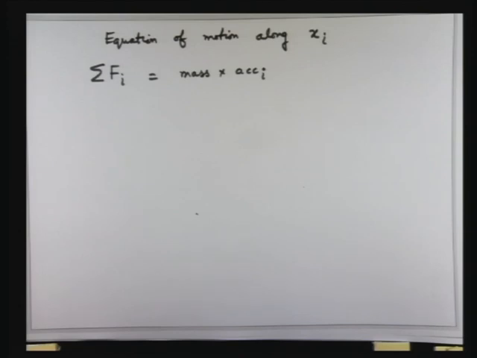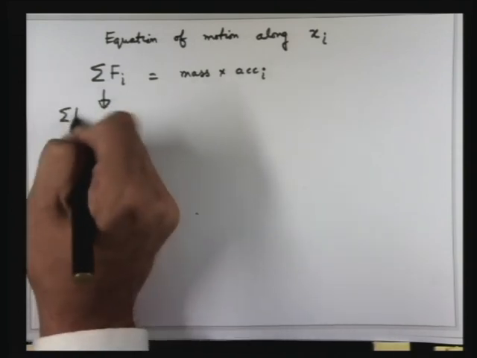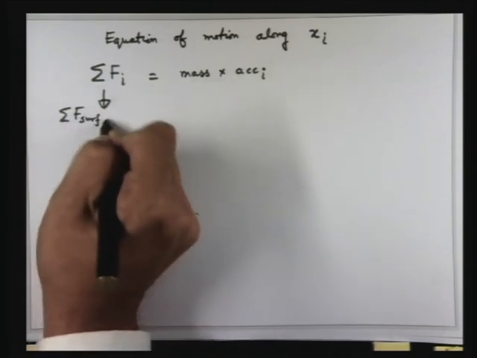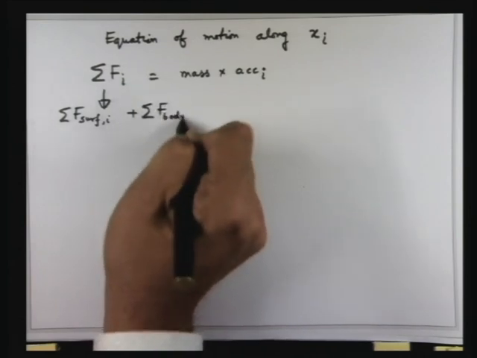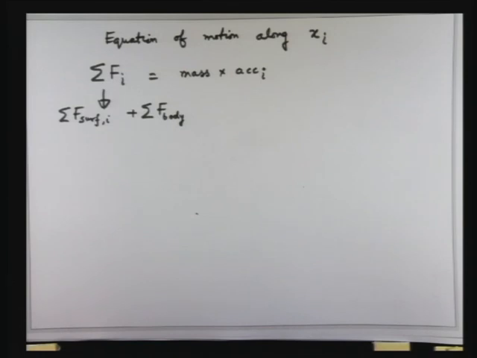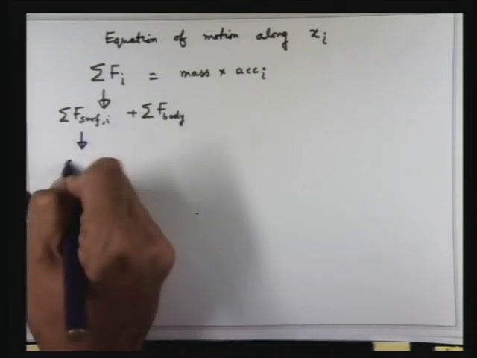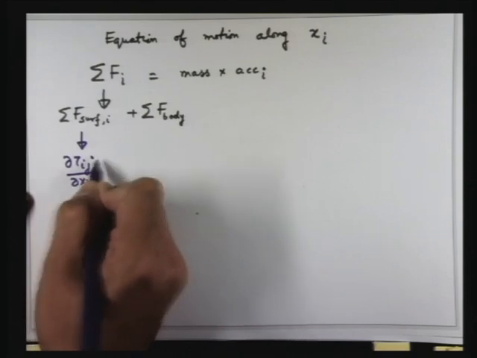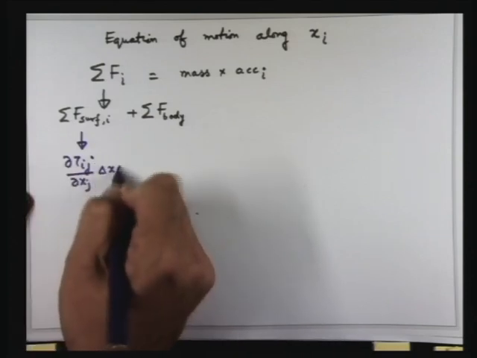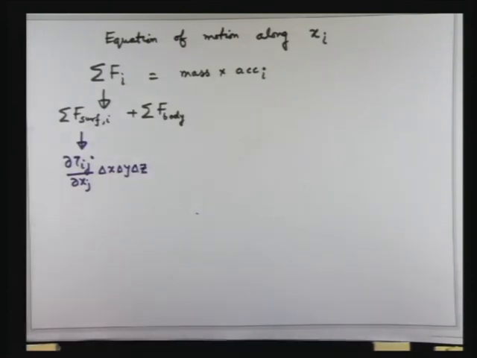What is the resultant force along i? Resultant force is summation of surface force along i and summation of body force along i. So the surface force, this is the surface force.